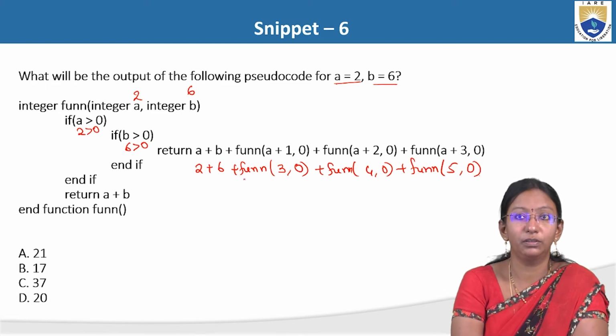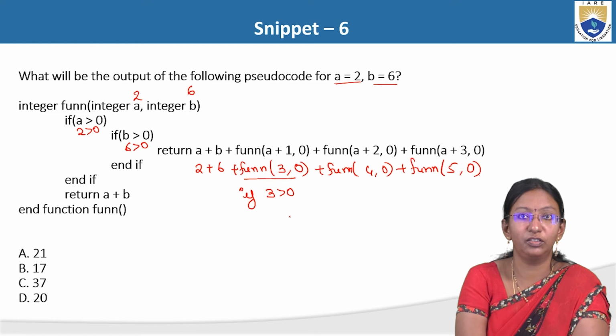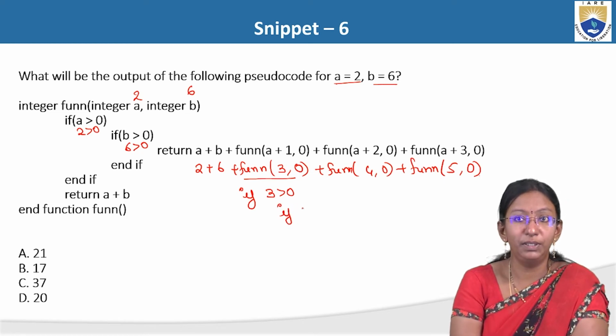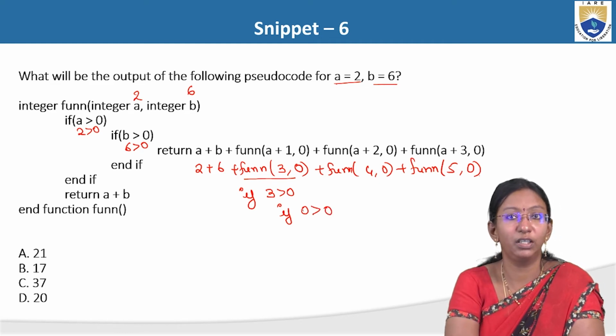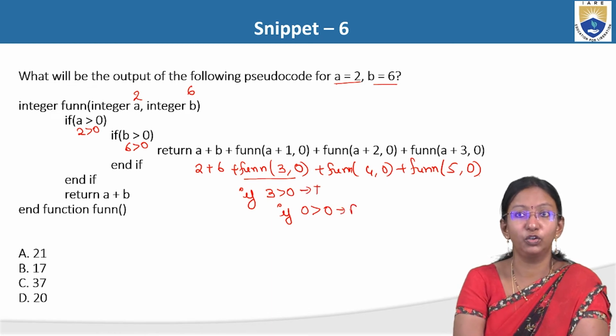Let me evaluate this. The first recursion will be called. So fun of 3, 0. That means it is going to enter the body and check if 3 is greater than 0. Yes, the condition is satisfied. Inside the body, B is greater than 0, 0 is greater than 0? Oh my god, the condition fails. So even though this condition is true, this condition is false.